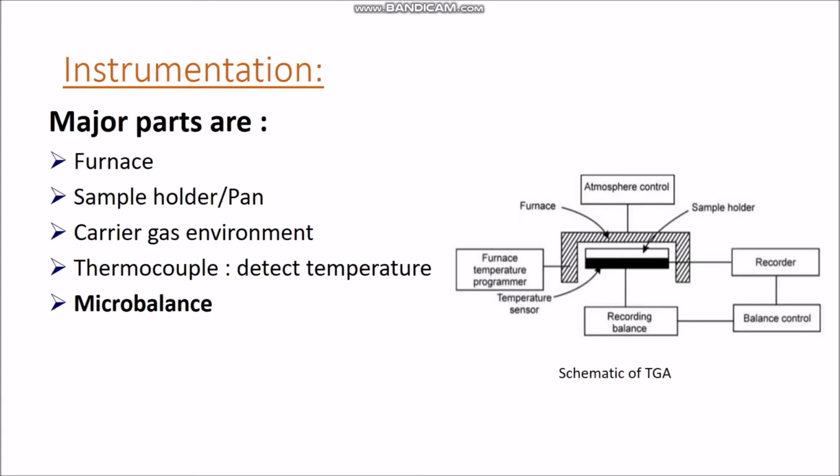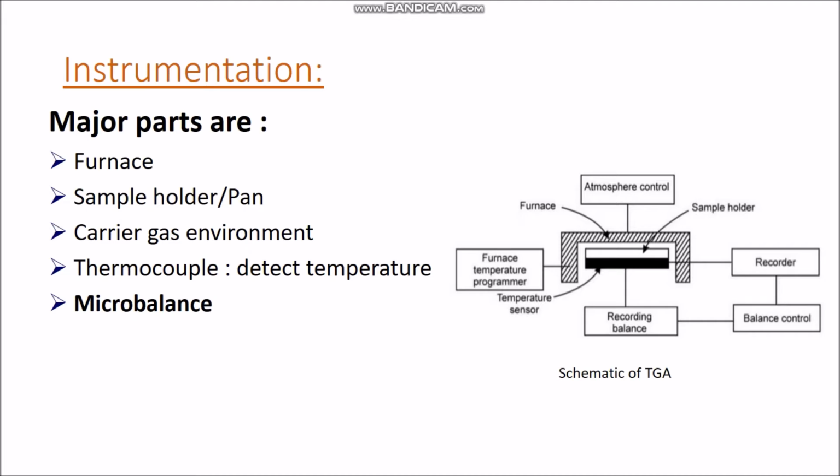So coming to the instrumentation, the major parts of the TGA instrument are the furnace and a sample holder. The sample holder contains a pan where we will put our sample. It is also known as a crucible. It is made of alumina and it can withstand a temperature of 1600 degrees centigrade.